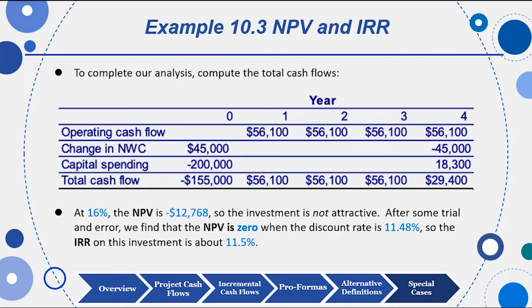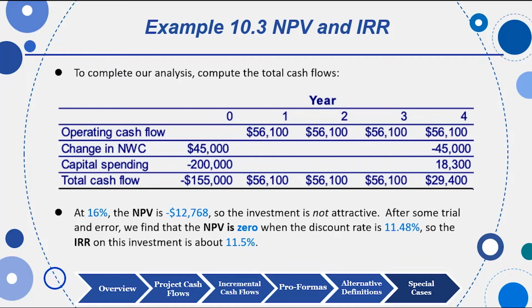So for OCFs, I get $56,100 every year for 4 years. I have to pay out $45,000 of net working capital. Well, I get the improvement, so that's actually positive. That's $45,000 of net working capital coming in at time zero when I install the inventory management system, $45,000 negative when I switch it off and close the system down in year 4, and then $200,000 to buy the equipment today.